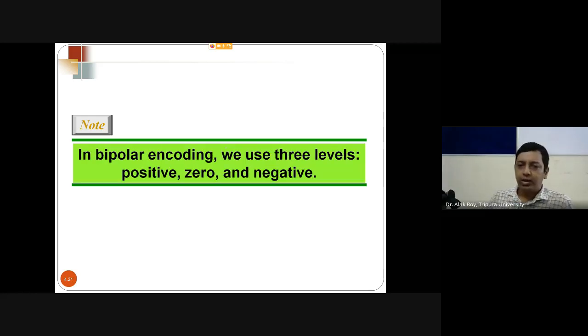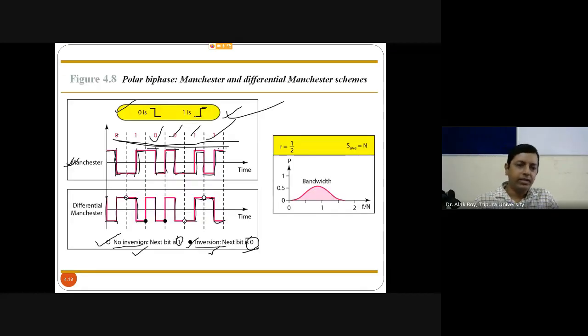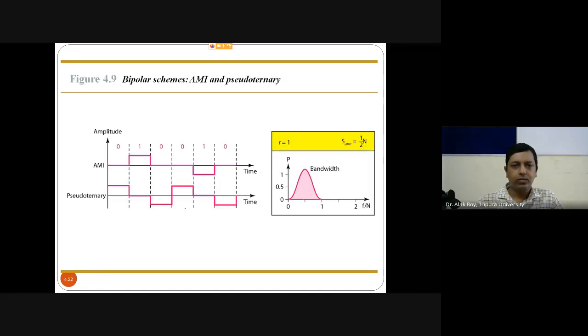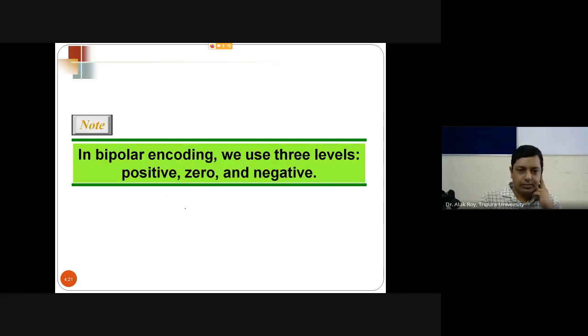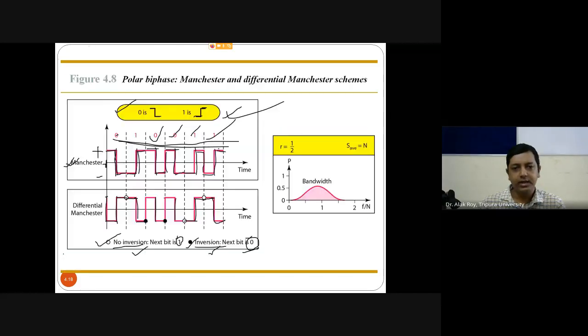In bipolar encoding, we use 3 levels: positive, 0 and negative. See the figure. Here it is positive, it is 0, it is negative. Okay, just mistakenly I said that, sorry.